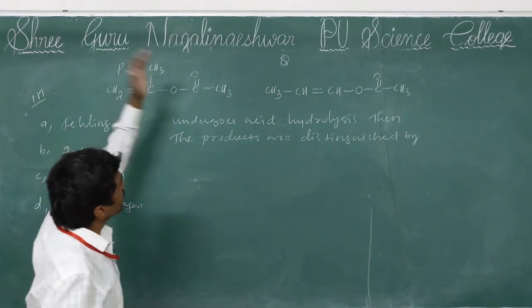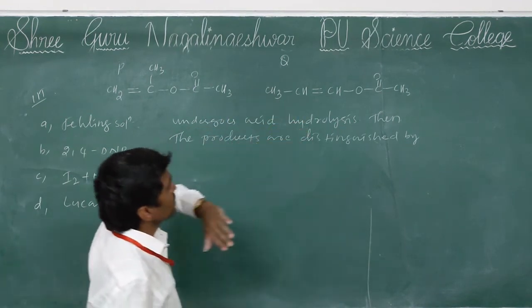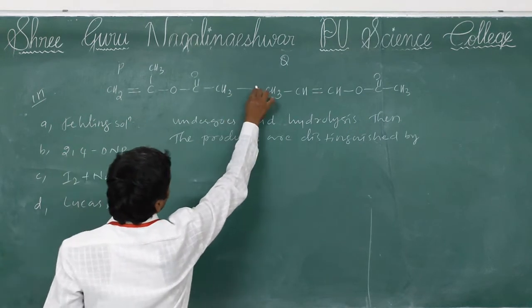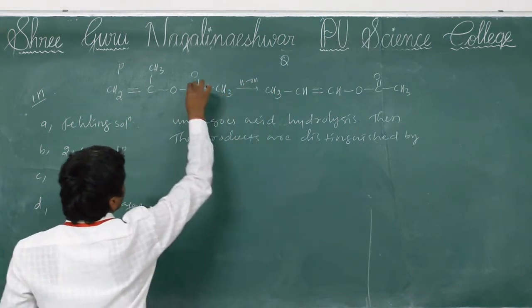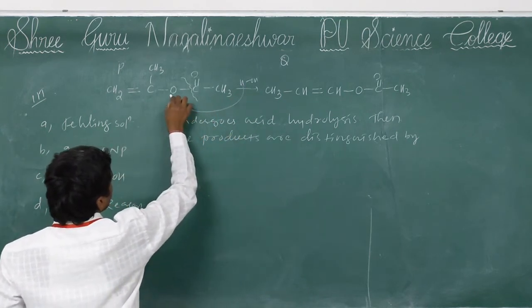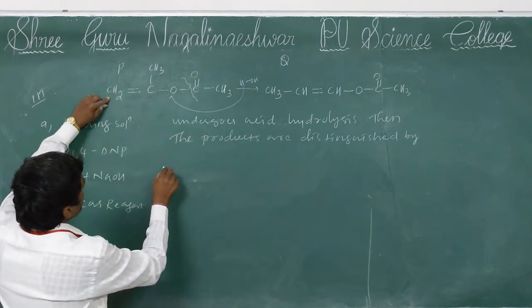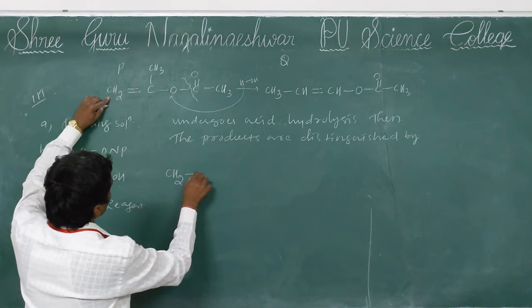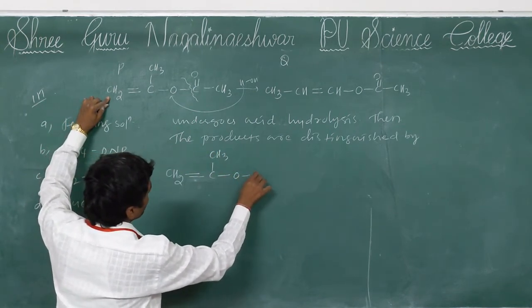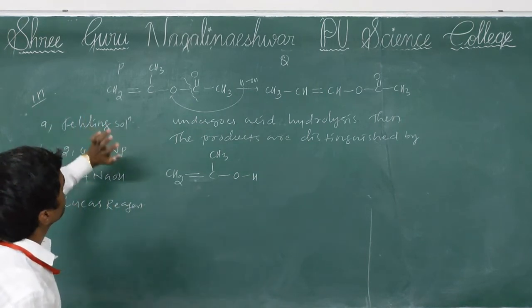So here P and Q compounds undergo acid hydrolysis, meaning hydrolysis in the presence of water. Here the bond cleaves near the carbonyl carbon. Then hydrogen is attached to oxygen. Then CH2=CH-OH will be formed.